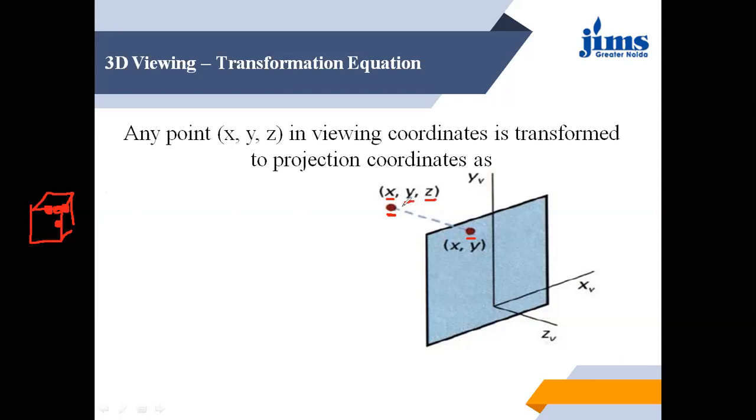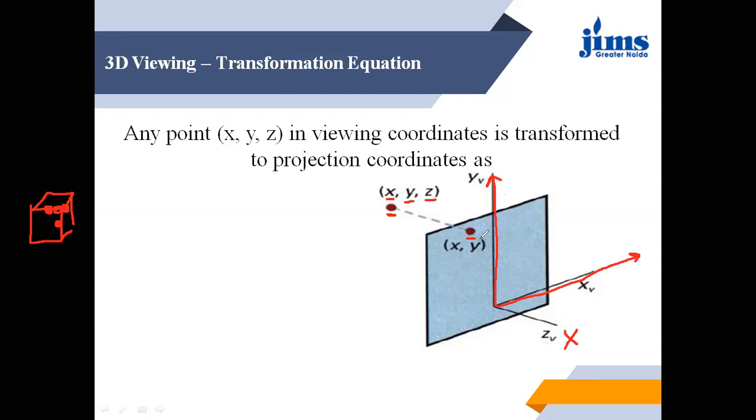Now, when we have to represent this object on a plane based on only two axes, x axis and y axis, there is no z axis over here.